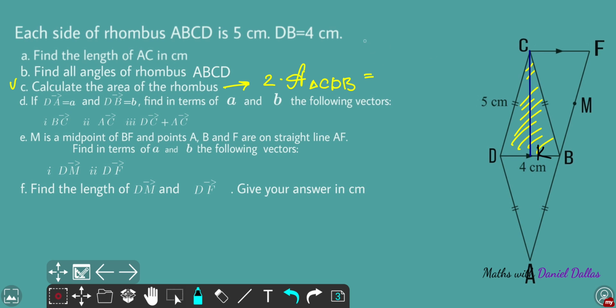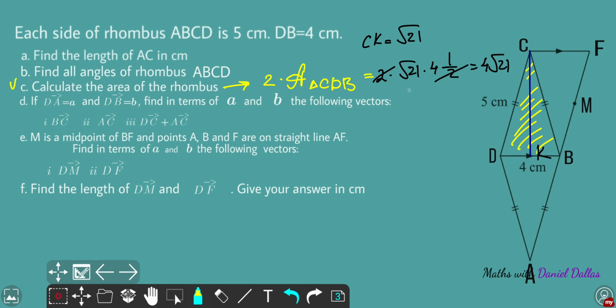So we can simply use the formula for the triangle. 2 times the area of the triangle is CK, which is the height, square root of 21, times the base, which is 4, and 1/2 of that. We can cancel, and we stay with 4 square root of 21. That's the area for the rhombus.